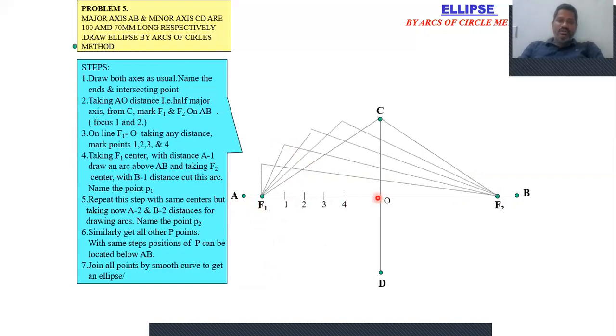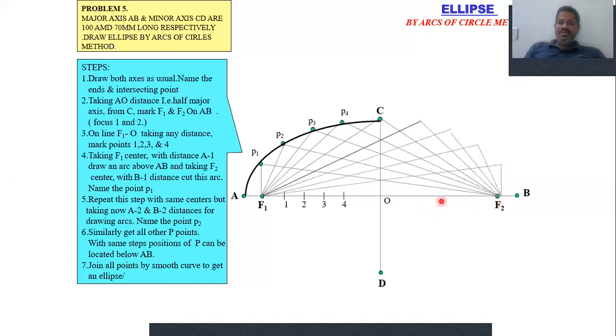After getting all these points, name them as given and join all those points to get the quarter portion of the ellipse. Then repeat and divide this OF2 also, and repeat this step to get the points like this.